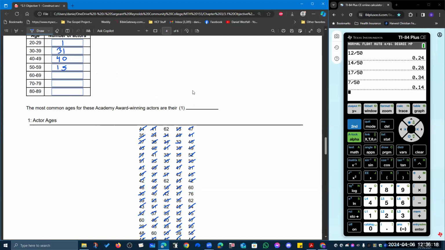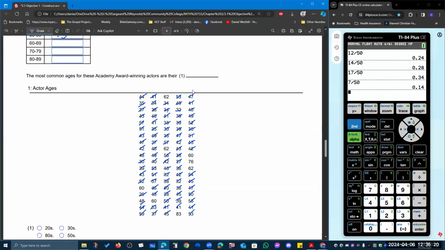Let's look for the people in their 60s. 1, 2, 3, 4, 5, 6. People in their 70s. 1. And people in their 80s. 1.